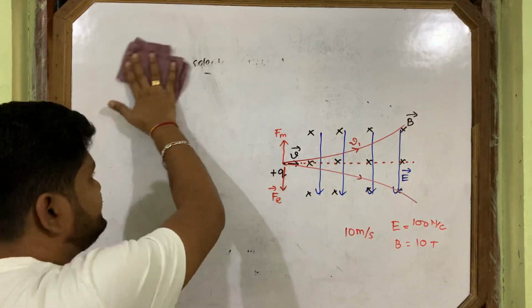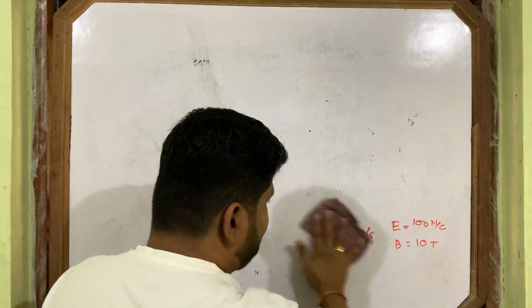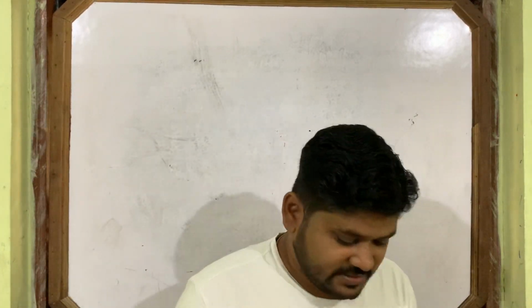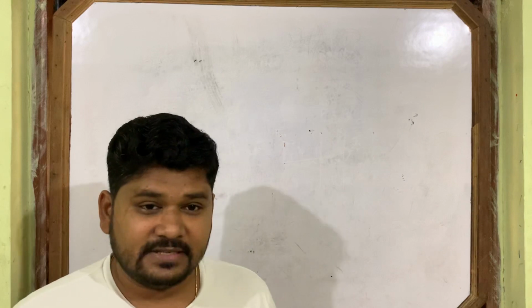Then let's come to the force on a current carrying conductor. When a current carrying conductor is kept in a uniform magnetic field, it cannot remain stationary. When current passes through it, it cannot remain stationary. It gets deflected. Why does it get deflected? Because force acts on it.